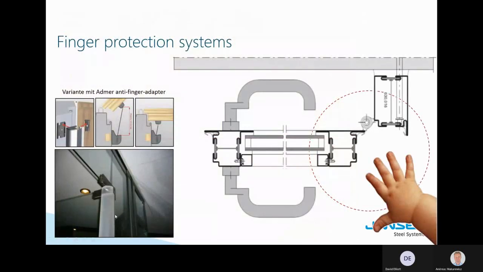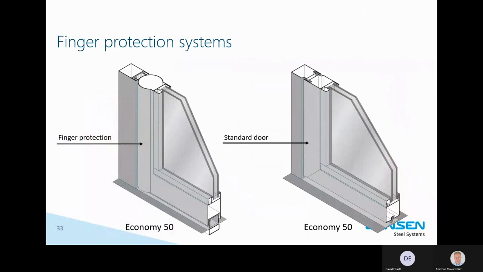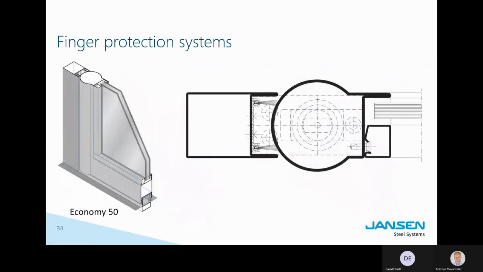Finger protection, this is what I already mentioned, protecting small fingers, children's fingers, from getting crushed in the doors mostly. We can do it in different ways. We either have round profiles that close the gaps, so they minimize the gaps to below 8 millimeters. So this can be done with a round profile.